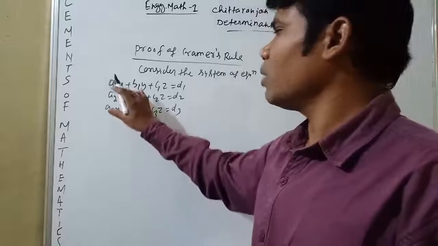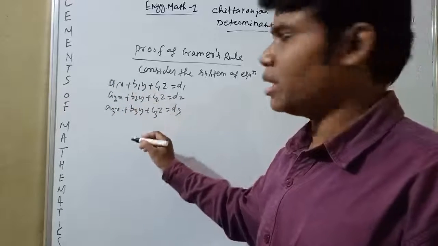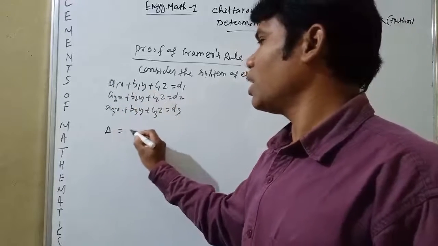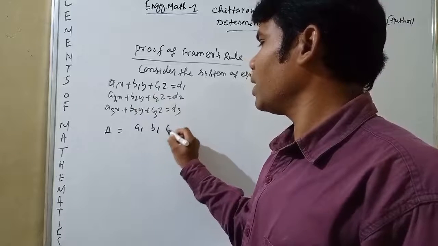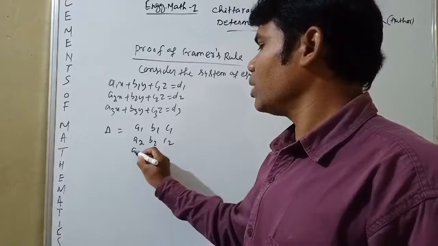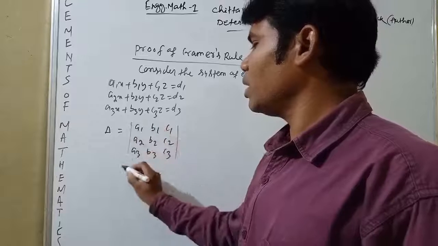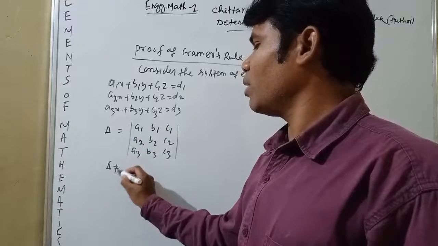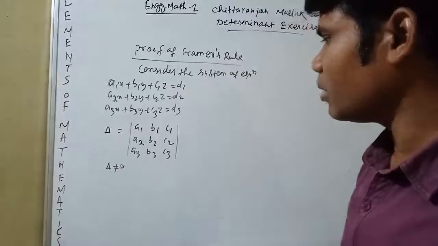Now you choose the coefficients of x, y, z, that is del is equal to the determinant of a1 b1 c1, a2 b2 c2, a3 b3 c3. Del is not equal to 0, then Cramer's rule can be applicable.